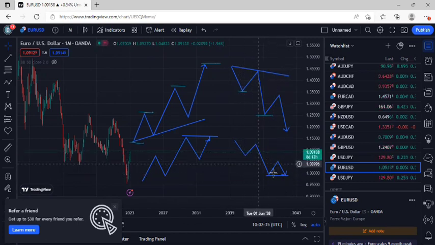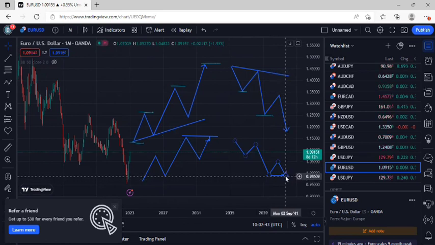For a continuation, the market must be able to break that structure. The moment the market is unable to break a structure, that means we should be watching out for a potential reversal.